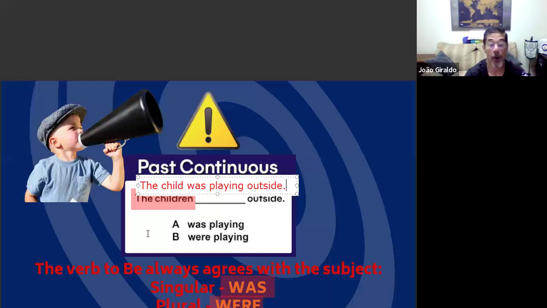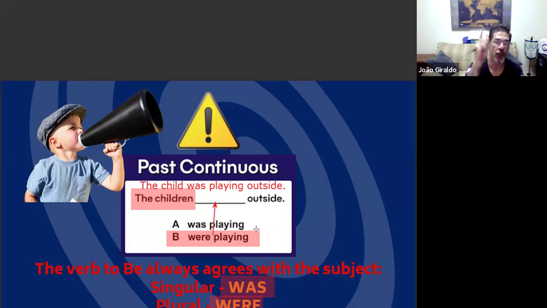In this case, we are talking about the children. The children is plural. So the children were playing outside. So this is the correct alternative here because the children is plural.